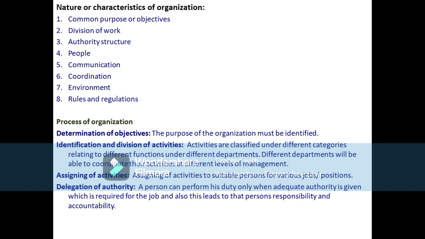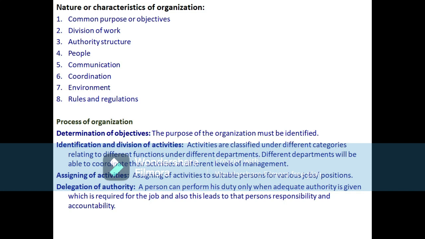Now coming to environment. An organization functions in an environment comprising economic, social, political, and legal factors. We all know there are different environmental factors, internal and external. Therefore, the organization structure must be designed to work efficiently in a changing environment, and it cannot be static or mechanistic, or rigid in form. If the design of the organization structure is flexible, work can be done efficiently according to the changing environment.